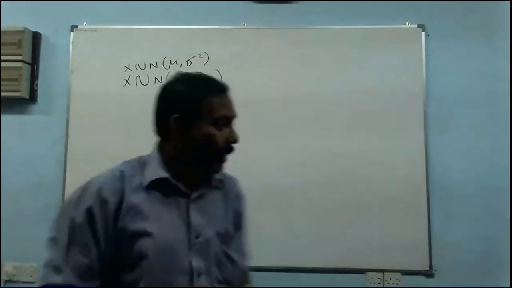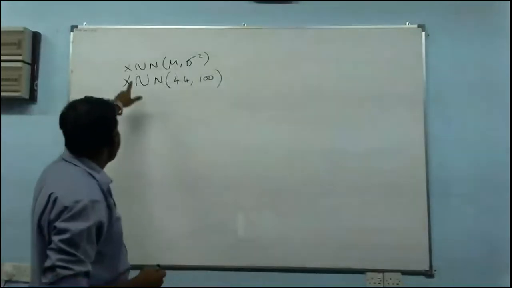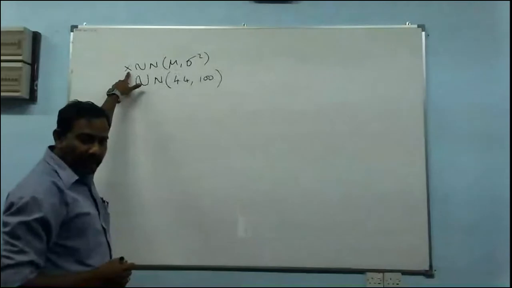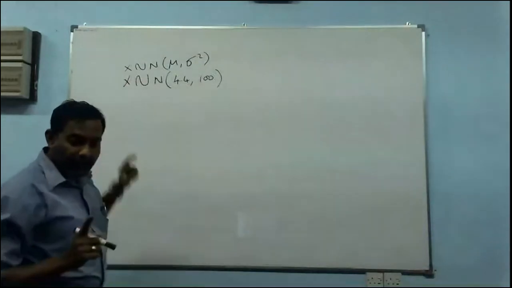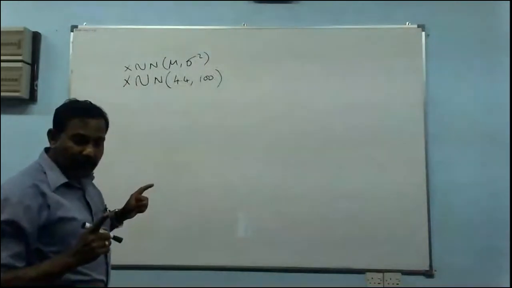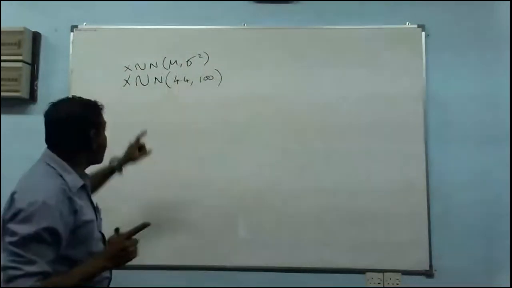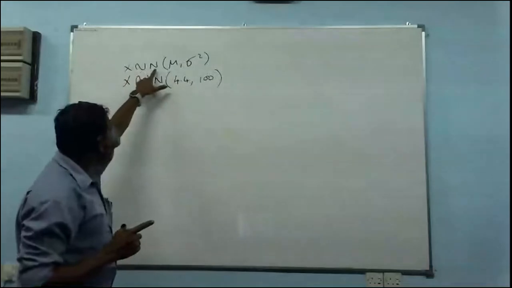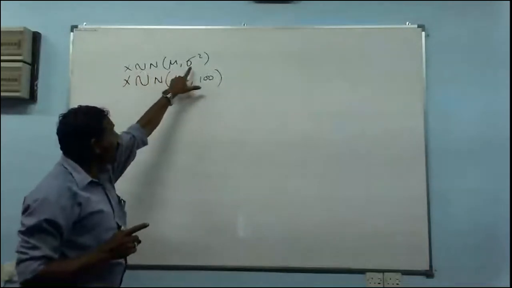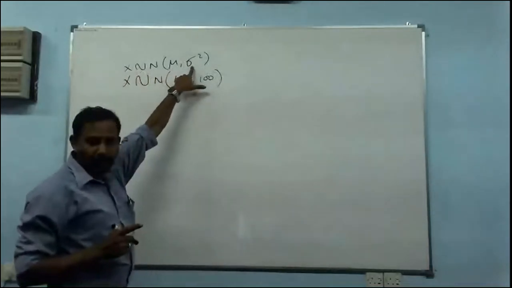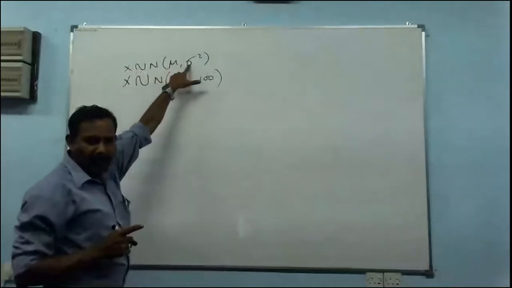Okay. Now, let's say X is the paddy production in Sri Lanka, which is distributed normally with the mean of mu and the sigma square. So you know what is mean, what is sigma square.